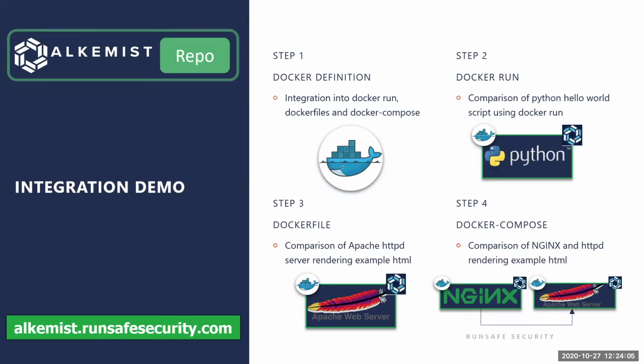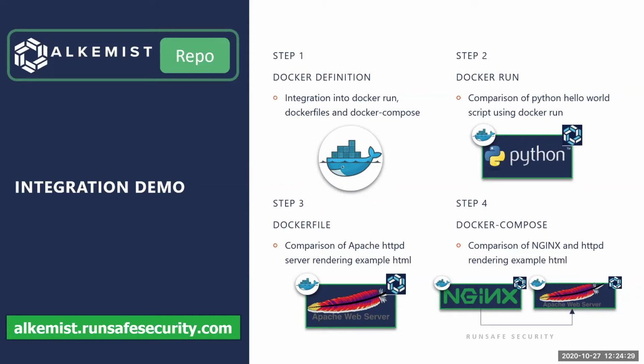In step 1, we'll review ways it can be integrated into Docker before quickly shifting to step 2, which will show the base Docker run command of a Python image to run a hello world script. For step 3, we'll increase the complexity to show integration into a simple Apache Web Server Docker file, which will render an example HTML file in a side-by-side comparison.